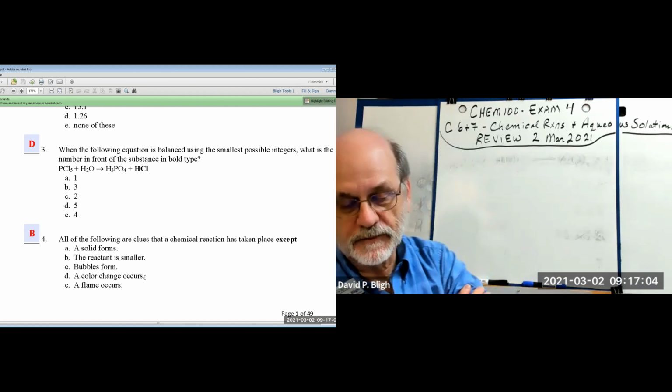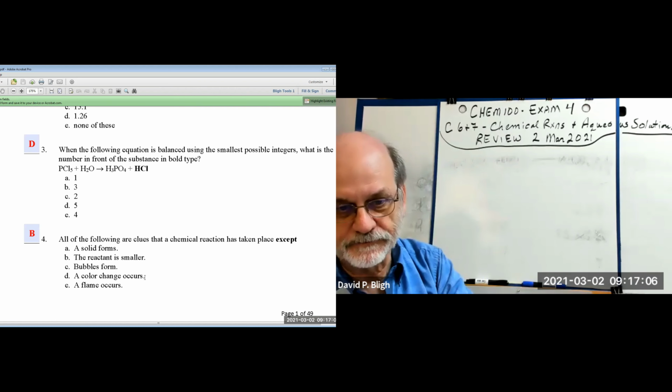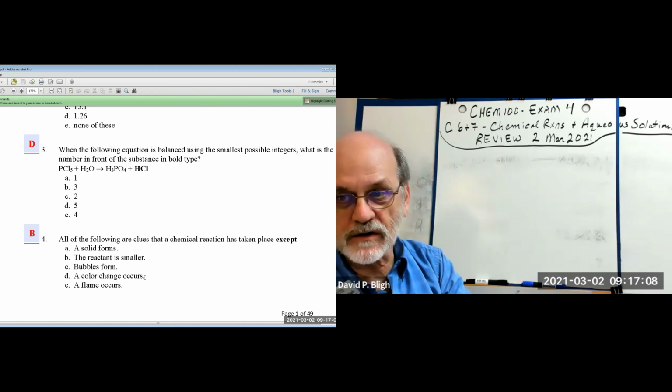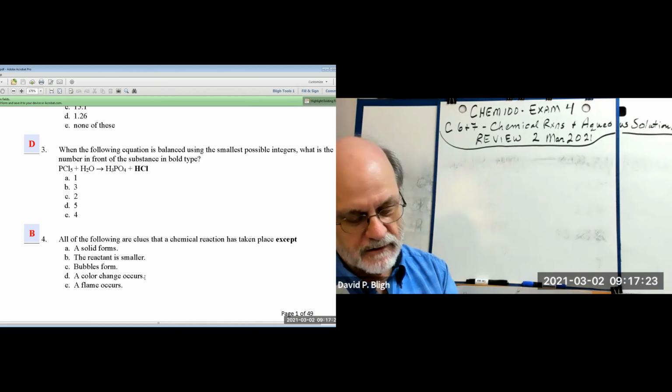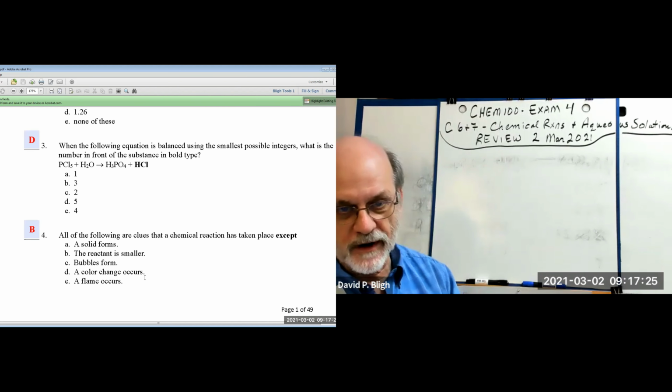It's called spectrometry. A flame occurs, yeah, that's a pretty good indicator there's a reaction. And you can feel the heat, or you can feel heat being drawn from your hand if you touch some object in which a reaction is occurring.